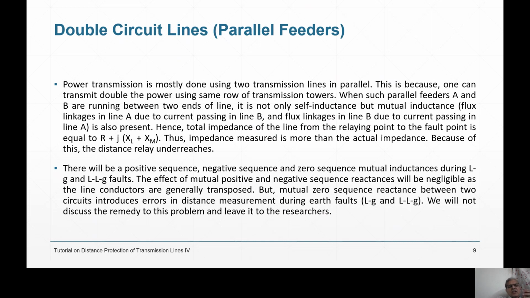And then further he did his PhD at IIT Roorkee, and right now he is associate professor or probably professor at IIT Roorkee. He has done research over this and he has suggested a solution to this double circuit line problem. Solutions are complex, therefore research problems I don't touch. Problem is there that I am showing. Solution, I am not showing.